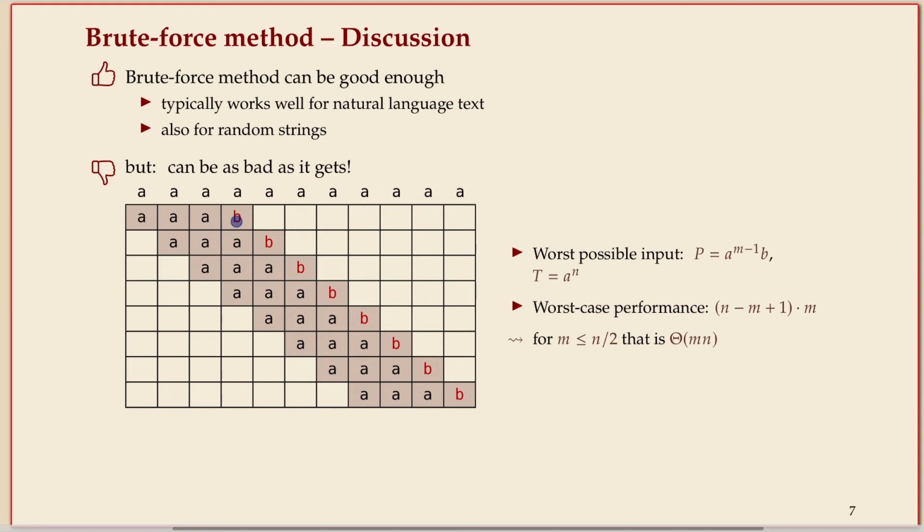And in this case, you need exactly all the comparisons that you could possibly need. Okay. So nice and easy, not always crappy, but not quite good enough for a robust implementation.